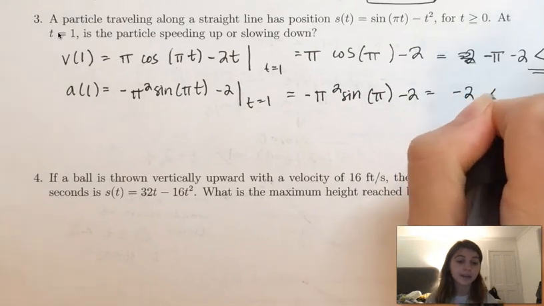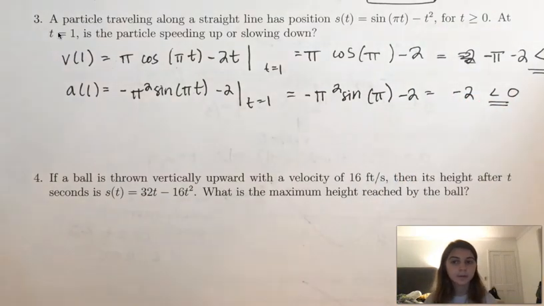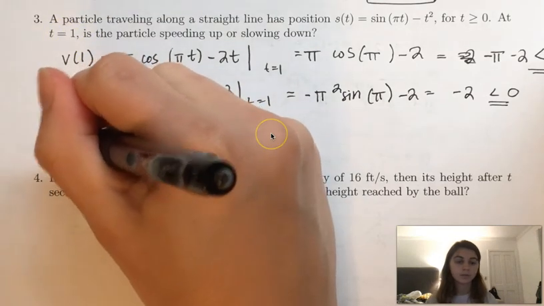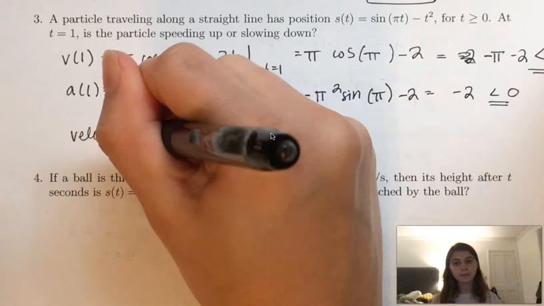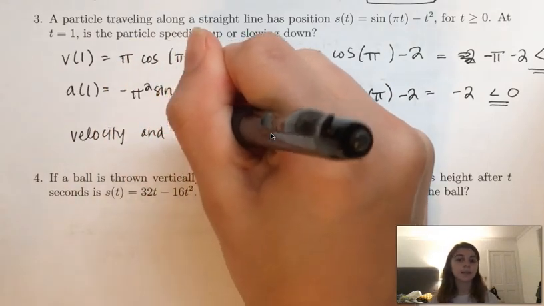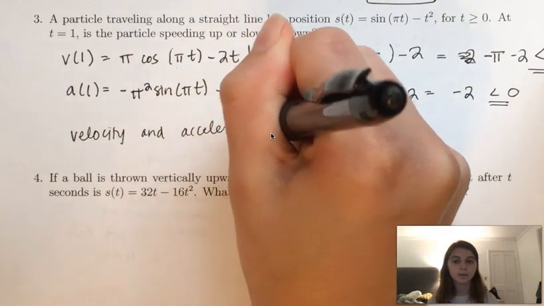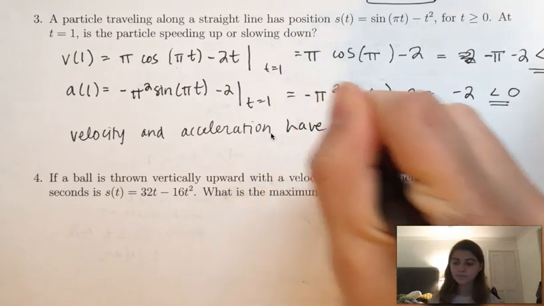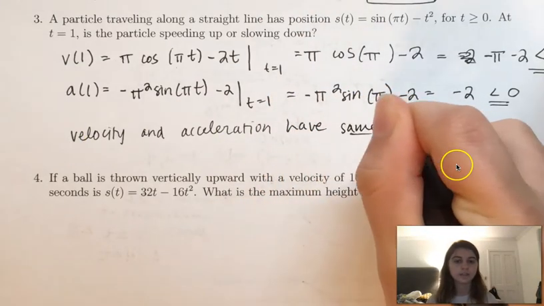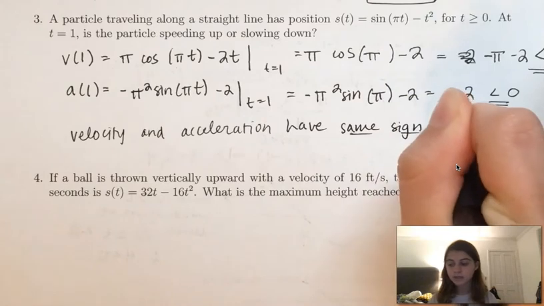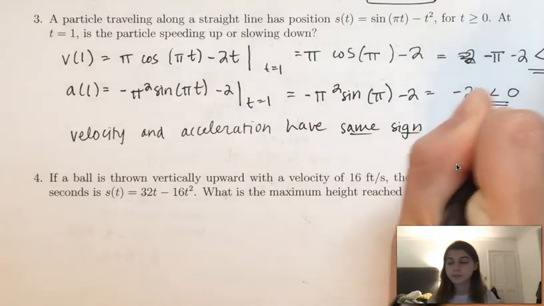And that's also negative, which means both acceleration and velocity at t equals 1 are negative. So since the signs are the same at that moment, the particle is speeding up at that moment. And just go ahead and write that little justification: they have the same sign at t equals 1, so the particle is speeding up.